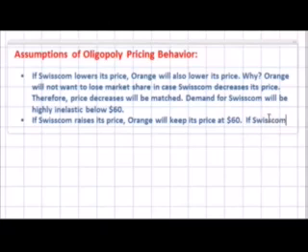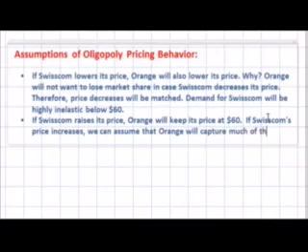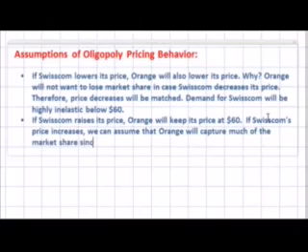If Swisscom's price increases, we can assume that Orange will capture much of the market share since Orange's price remains low. It is perfectly rational for Orange to ignore price increases by Swisscom and match price decreases.